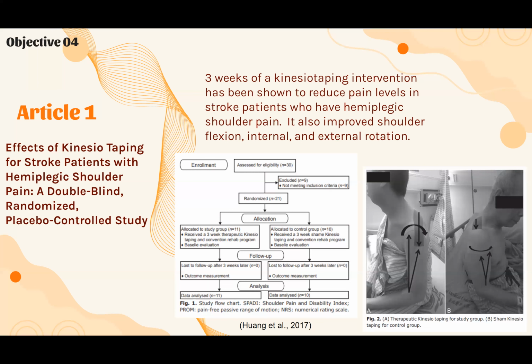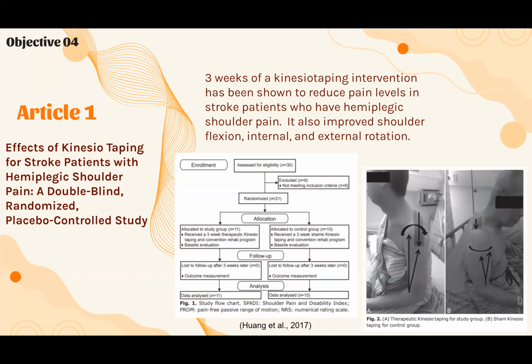The rehabilitation program included both physical therapy and occupational therapy sessions. Sessions were 60 minutes per day for 5 consecutive days each week. The participants were evaluated on a numerical rating scale score, shoulder pain and disability index, ultrasound findings, and pain-free range of motion of the affected shoulder, both before and after the intervention, to identify if changes were made.